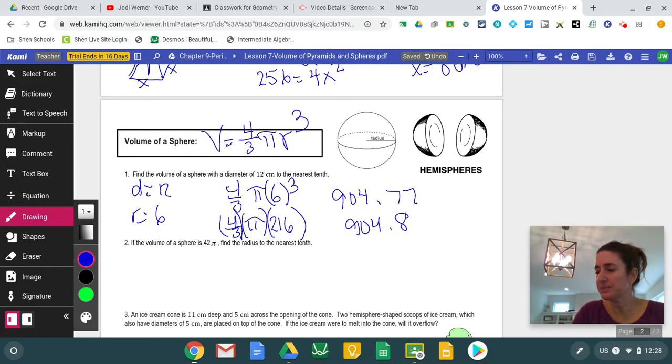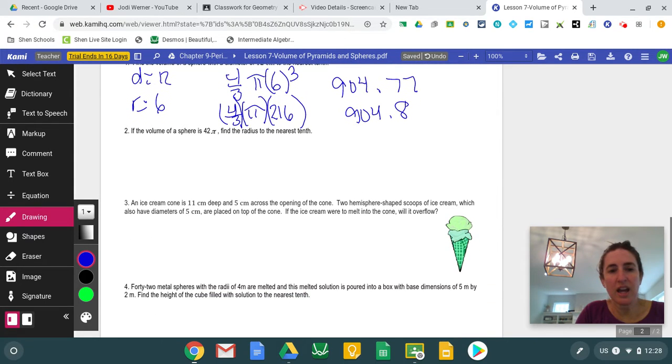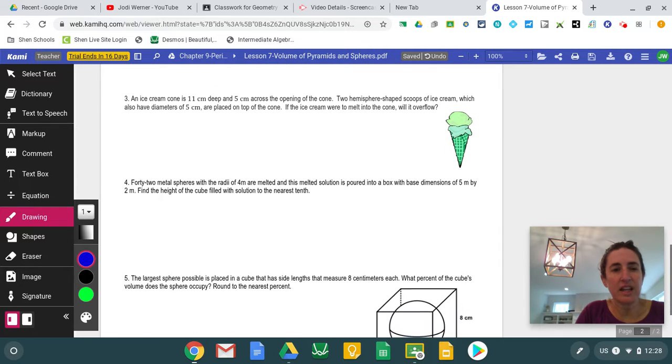Very tricky problems. All right, let's look down on the sheet and try something like number 4 together. This will be our last example, and then I'll have the others all completely filled out for you.